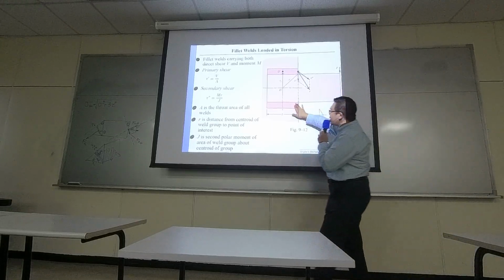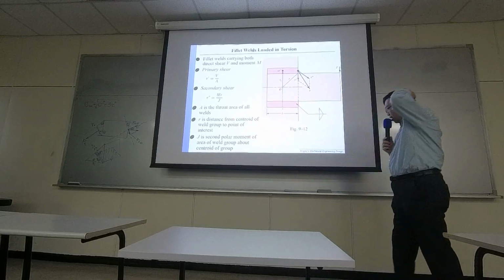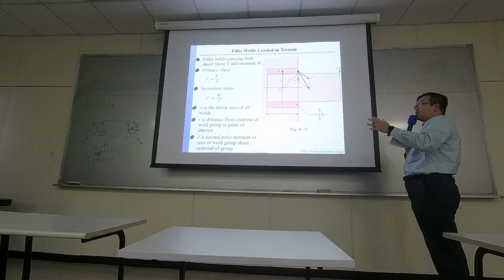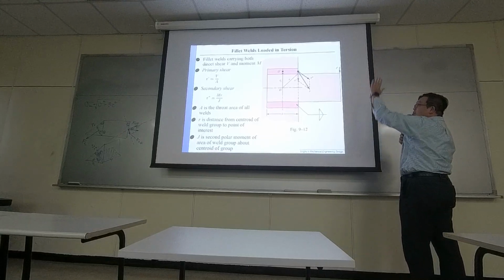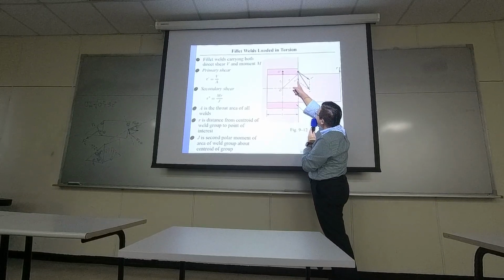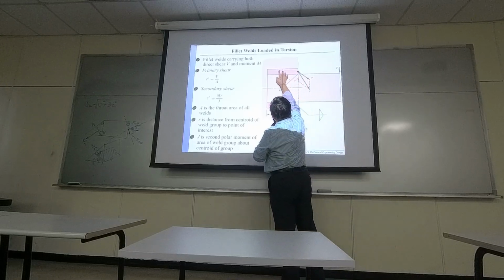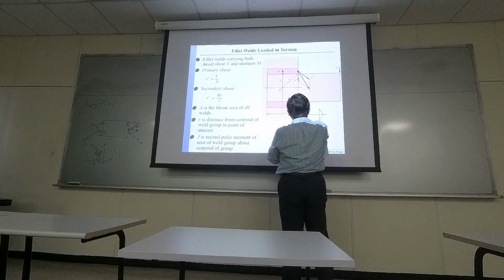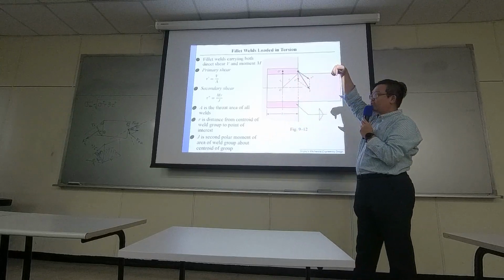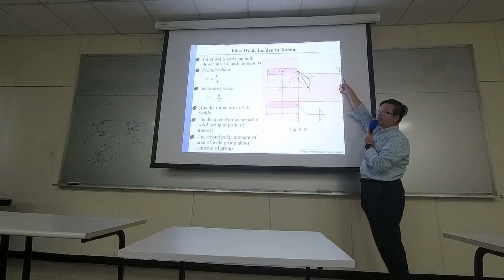So the entire area here and here would be contributing to the normal shear force. Right here you can see there's a tau prime. What tau prime means is that everywhere inside this welding material there is some shearing stress going down due to the external force.